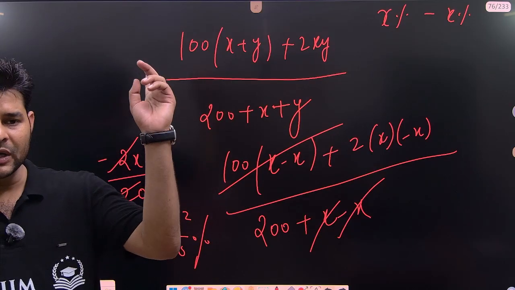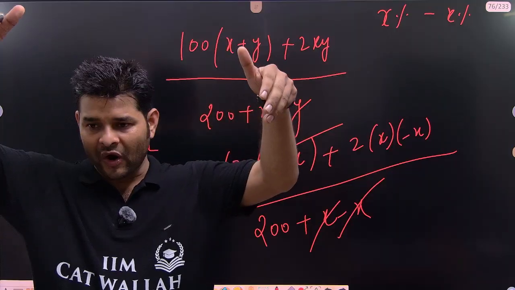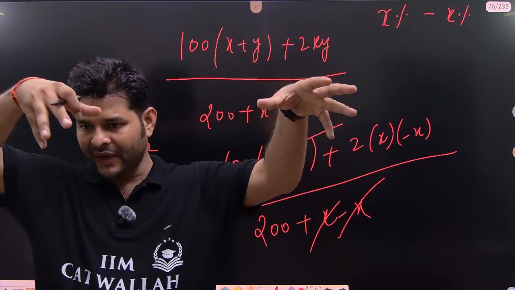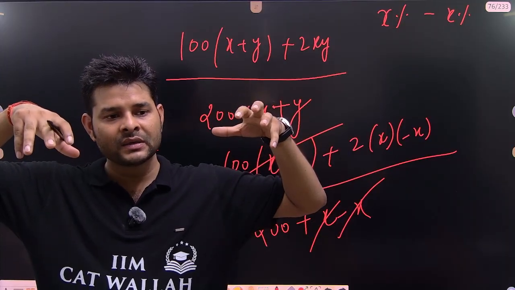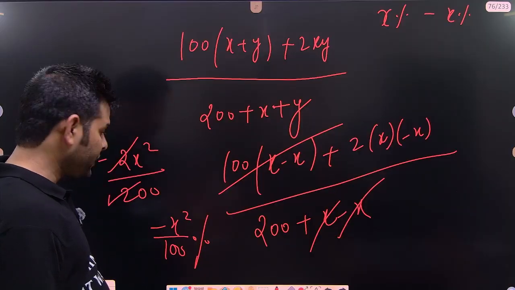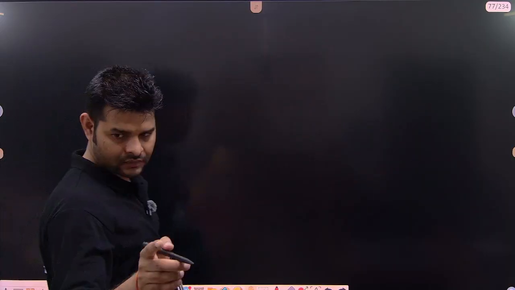That formula you need to apply only when profit and loss is different. This formula is going to be applied when profit and loss are same. So basically you need to make the heading. Just directly note down the formula, you need not derive it.